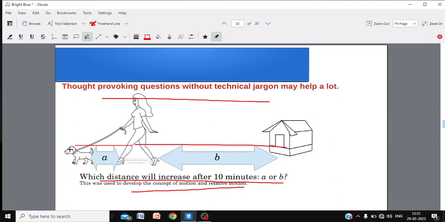Because both the dog and the girl are moving and the distance remains constant, no relative motion. From their house, from where they started, the distance is increasing. That is the concept of relative motion and relative rest. Although they are in motion with respect to the house, the relative motion of the dog with respect to the girl is 0 because the distance remains constant.